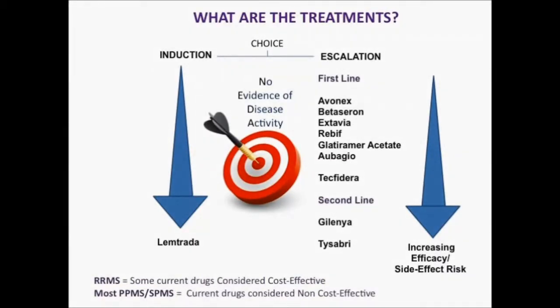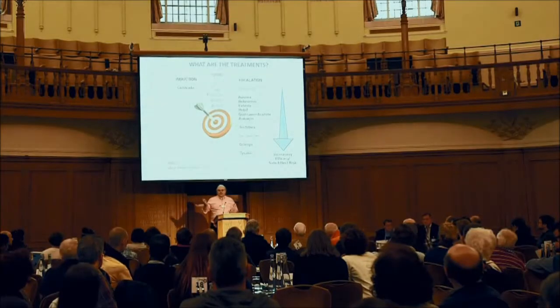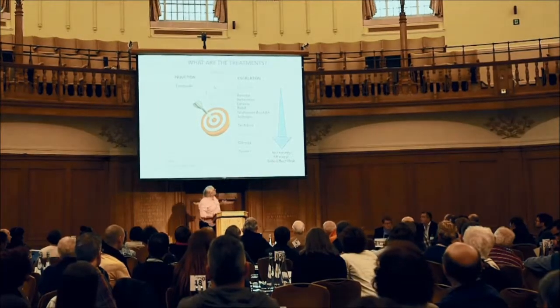Now, on the other side, you may prefer to start with something that's less aggressive. So we have beta interferons, glatiramer acetate, Aubagio or Tecfidera. Essentially all these drugs try to stop the immune system arriving in the brain. And if it doesn't arrive in the brain, then it can't cause damage.